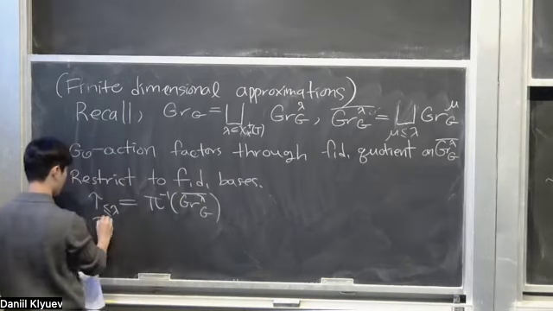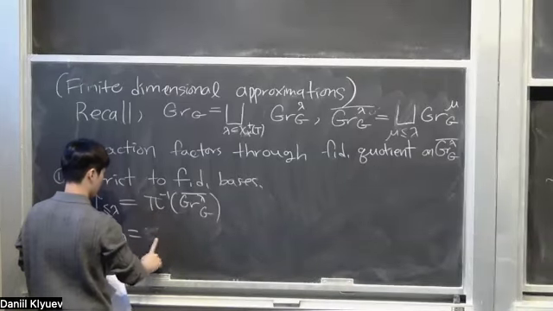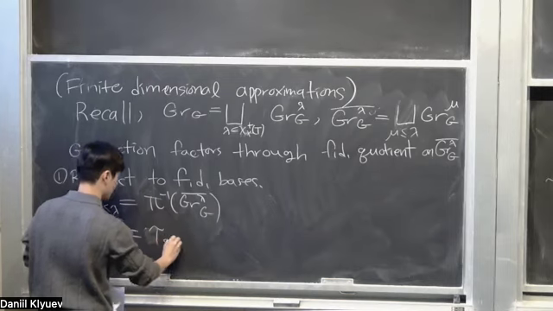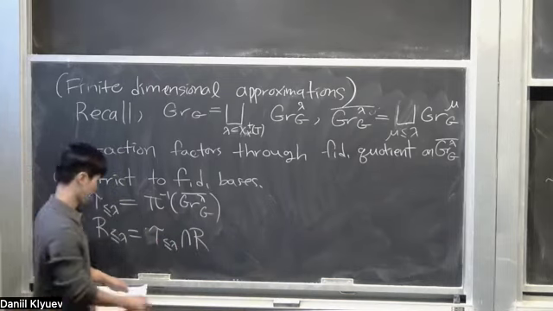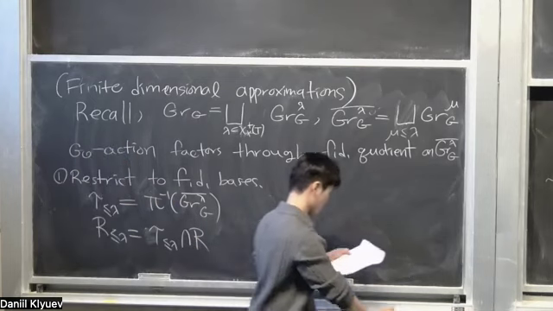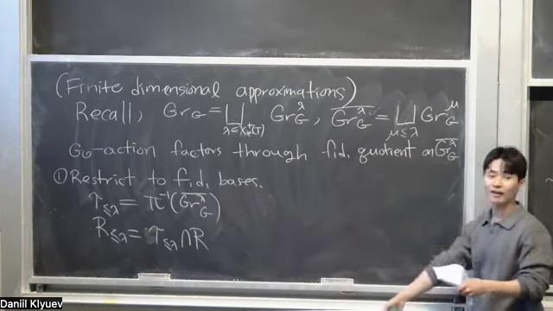Same thing with R, so I can write it as less than lambda intersect R. And clearly these exhaust T and R.